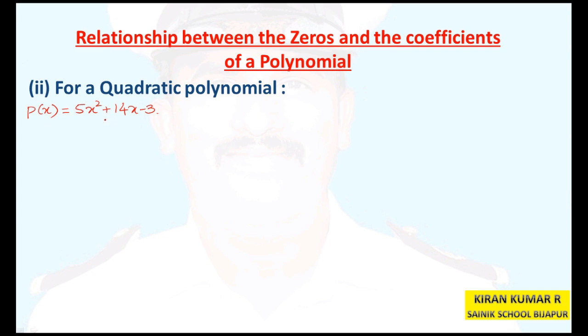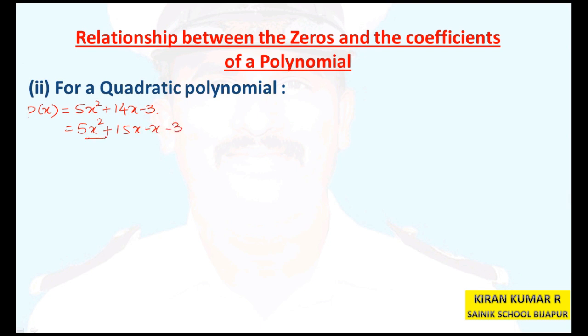We get this positive 14 by taking 15 minus 1 and we get product as minus 15 by taking 15 multiplied by minus 1. Therefore, using splitting middle term, I can express this as 5x square plus 15x minus x minus 3.